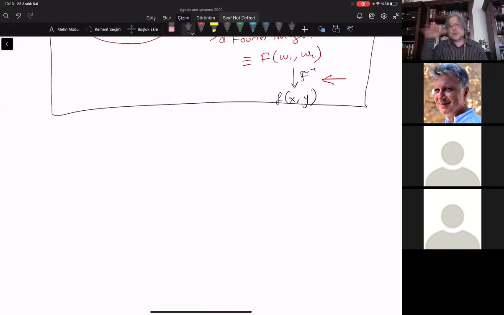Because I switched to Fourier transform in 1D and switched back to time domain by taking the inverse Fourier transform. But could everything be done in time domain? And the answer is a clear yes. So let's see what's happening in time domain. So I'm taking the two-dimensional Fourier transform of capital F omega 1, omega 2.